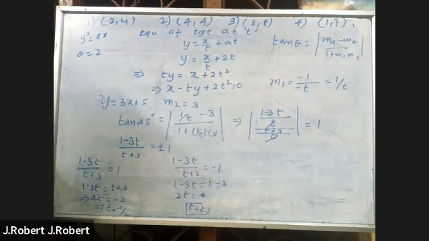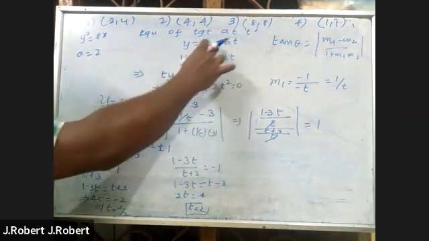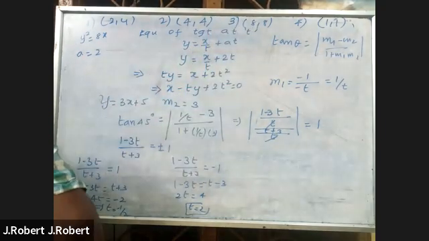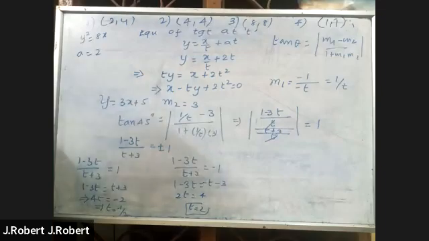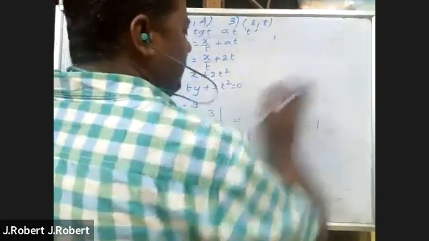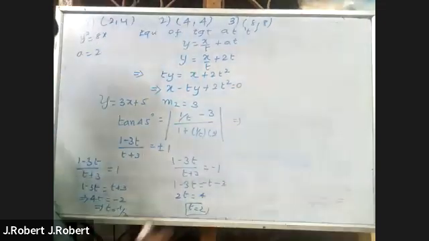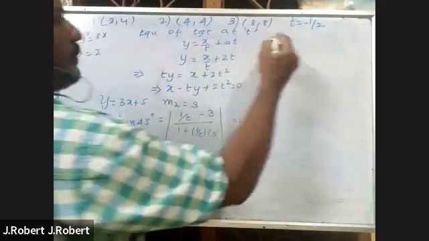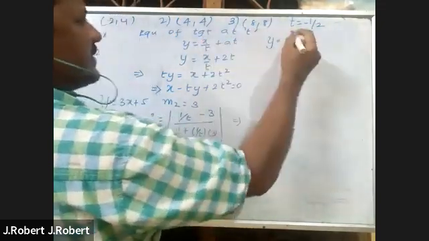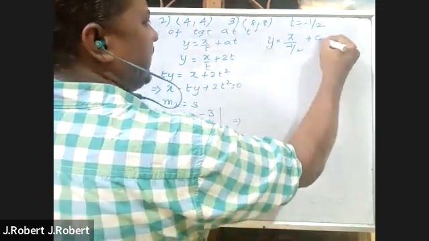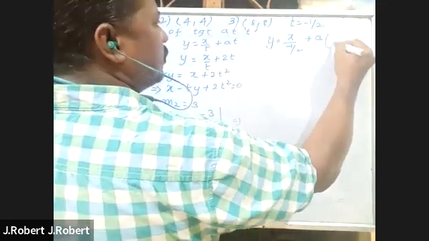I already said this formula, y equals x by t plus at. From this you are going to find two equations, both equations of the tangent. Okay, so two equations of the tangent will come. The first one is t equal to minus 1 by 2. So the formula is y is equal to x divided by minus 1 by 2 plus a into minus 1 by 2.